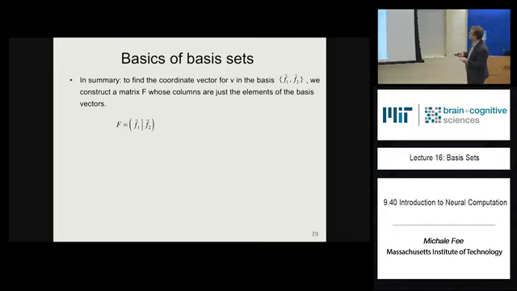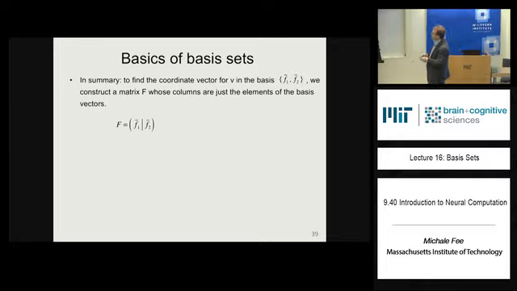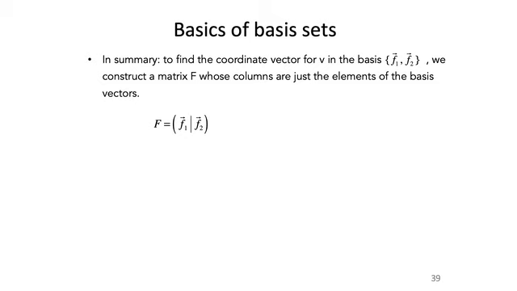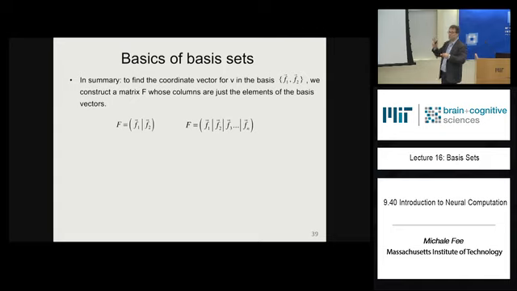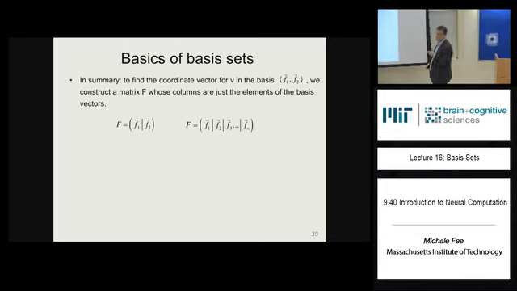All right, so I'm just going to summarize again. In order to find the coordinate vector for v in this new basis, you construct a matrix F whose columns are just the elements of the basis vectors. In 2 dimensions there are 2 basis vectors, each has 2 numbers, so this is a 2 by 2 matrix.